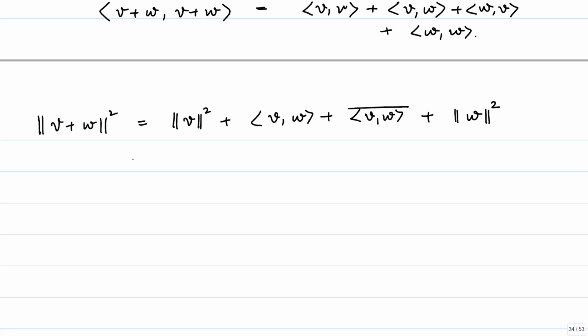So this is equal to the norm of V square plus 2 times the real part. So this is just A plus iB plus A minus iB, which is just going to be 2 times A, which is 2 times the real part of the inner product of V comma W, plus norm of W square.